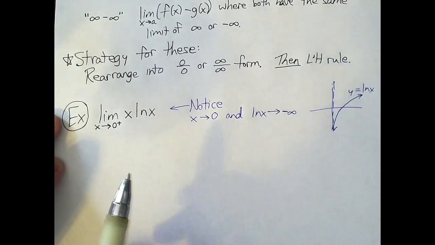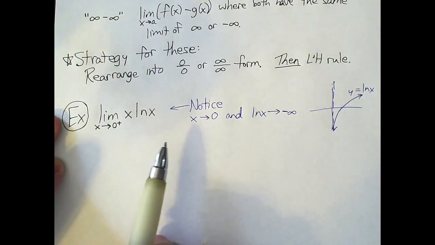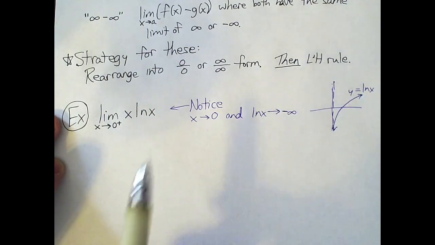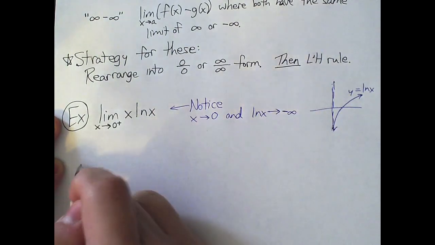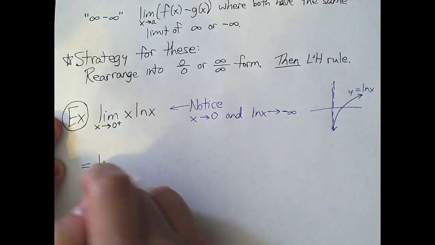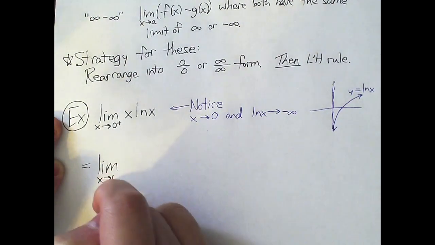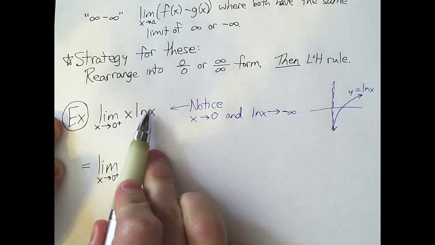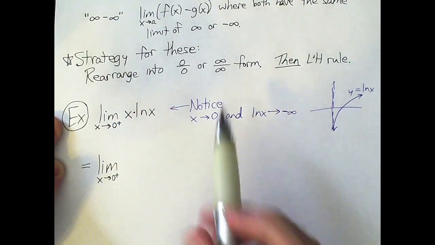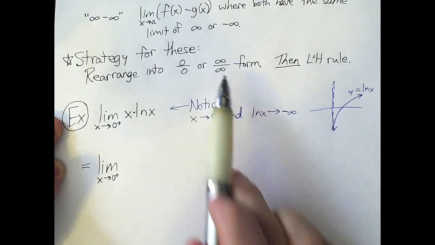So this is an indeterminate form of that type, 0 times infinity. The suggestion is we try to rearrange it into one of the more familiar forms. How do we do that? Well, here's a cool little trick. Instead of writing it as a product, x times ln x, we want to get it into the form of something over something.